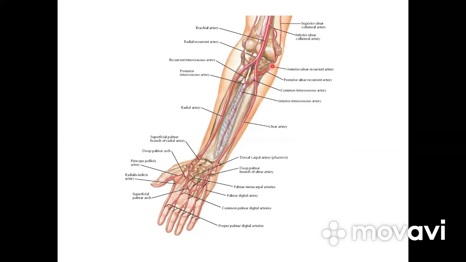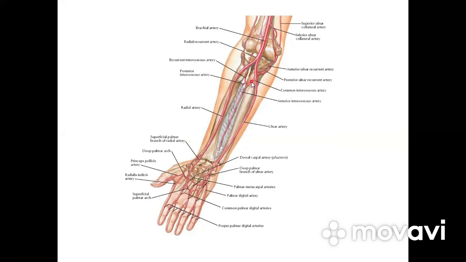The posterior ulnar recurrent artery continues posteriorly in the posterior medial ulnar groove, where it will make an anastomosis with the superior ulnar collateral artery. The next branch is the common interosseous artery, which is 1.5 cm long and divides into the anterior interosseous artery and posterior interosseous artery.